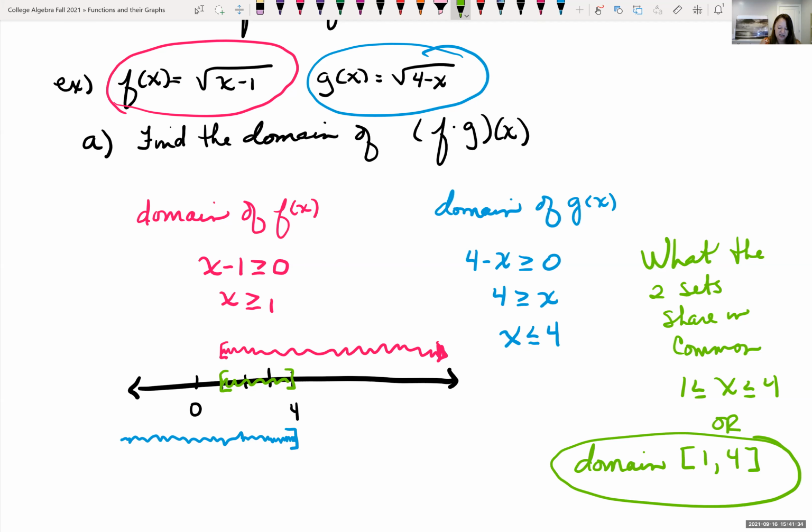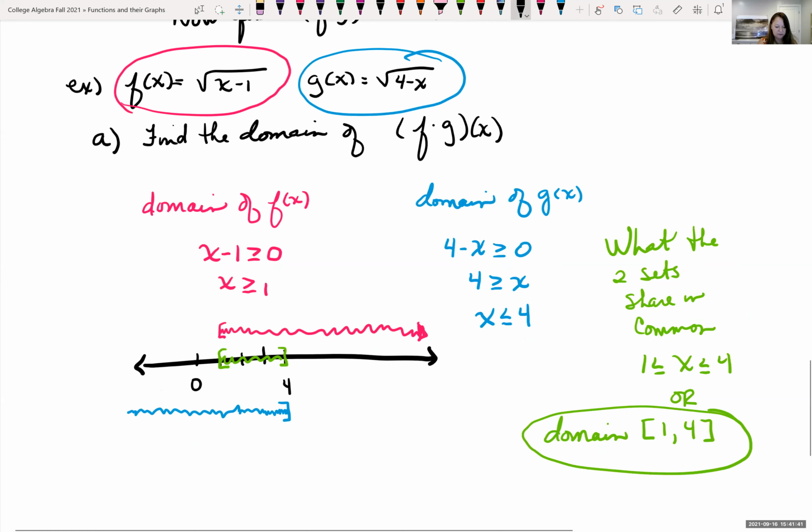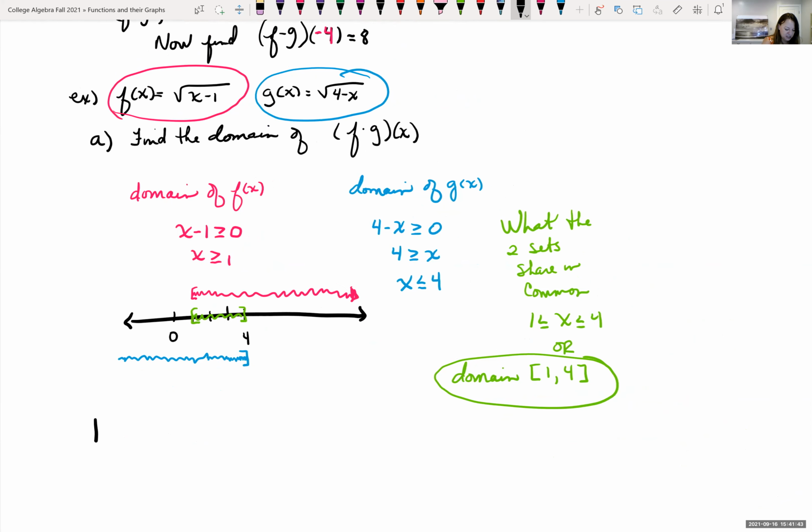Of f times g. If it had asked us with the division, maybe f divided by g, we'd have to put on a little more of a stipulation there. So say it said find the domain of f divided by g of x. Only other thing that we have to add in there is that g of x cannot be 0.